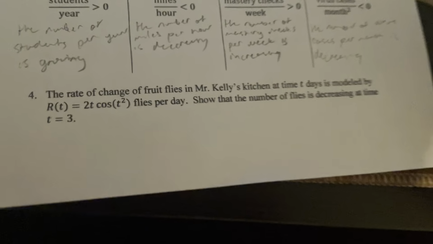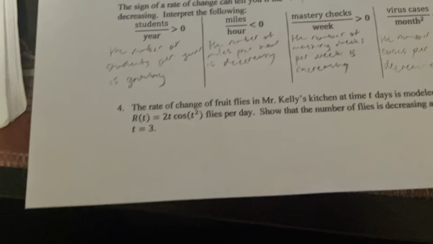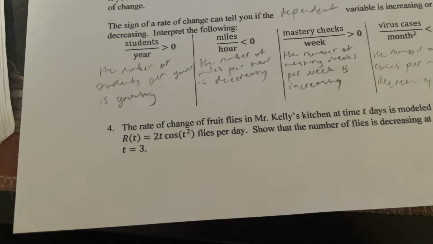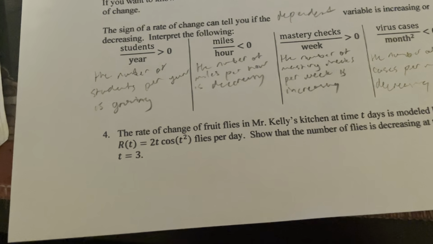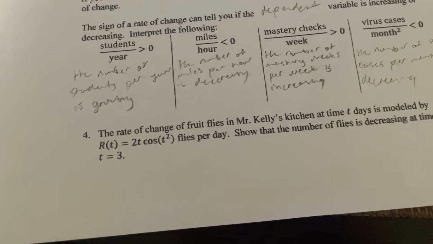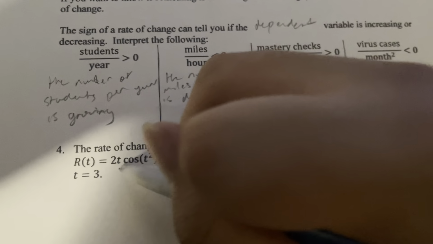Number 4, the rate of change of fruit flies in Mr. Kelly's kitchen at time t days is modeled by R of t equals 2t cosine t squared flies per day. Show me that the number of flies is decreasing at time t equals 3. All we need to do is plug in t equals 3 into the equation.